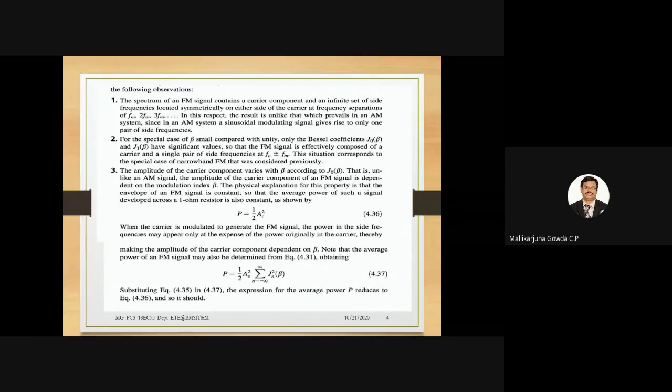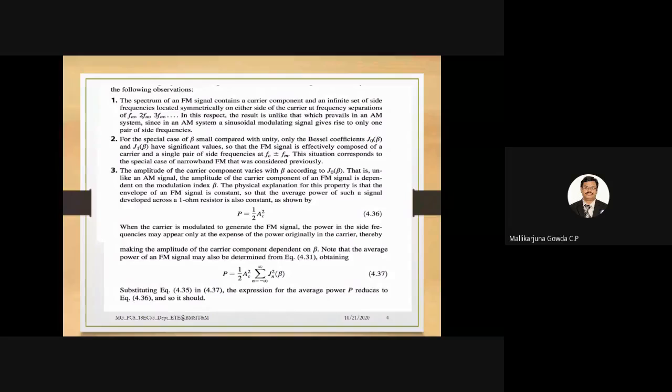The second point is for the special case of beta, that is when beta is very small compared to unity, right? Only the Bessel functions J naught of beta and J1 of beta will have significant values. That is, we approximated J naught of beta as 1 and J1 of beta as beta by 2, right?